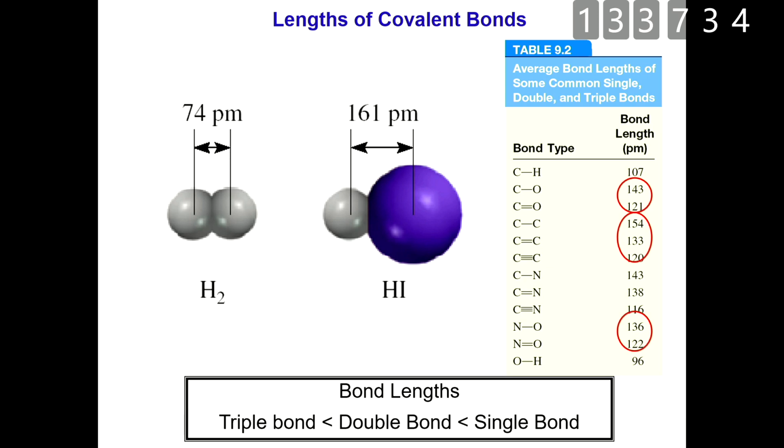Nitrogen can also be a single bond or double bond. So for the bond length, usually the triple bond is less than the double bond, and it's also less than the single bond. And of course, the triple bond is much more stable than the single bond.